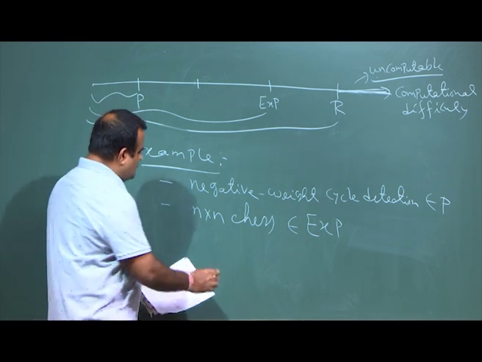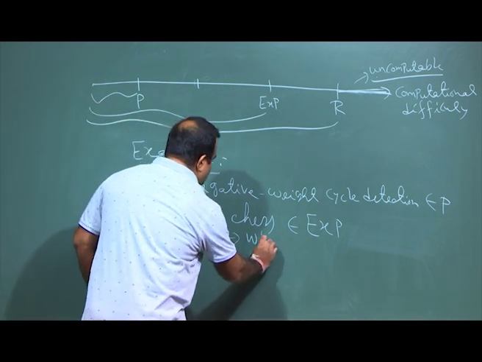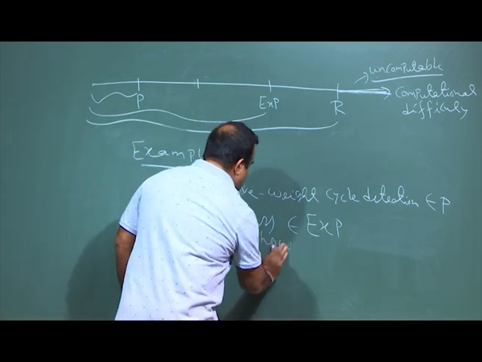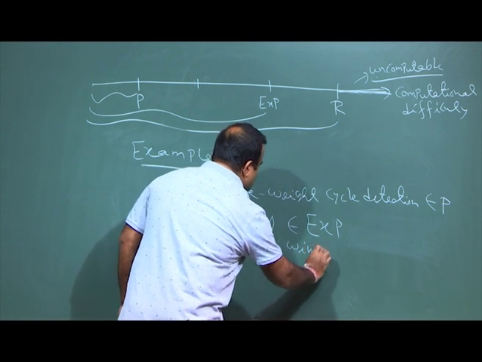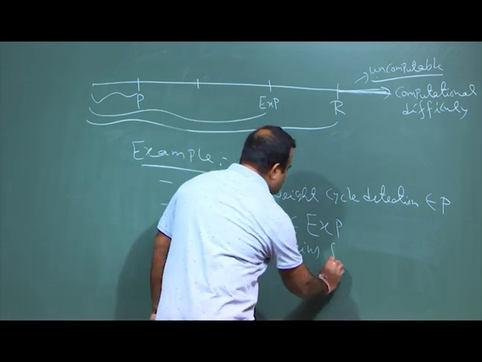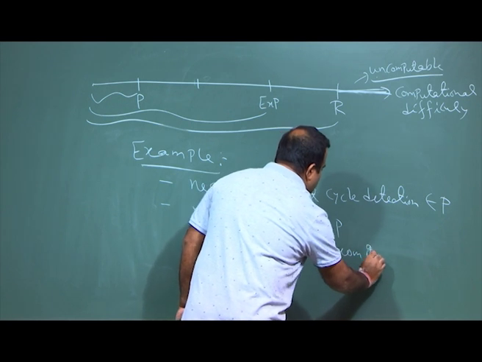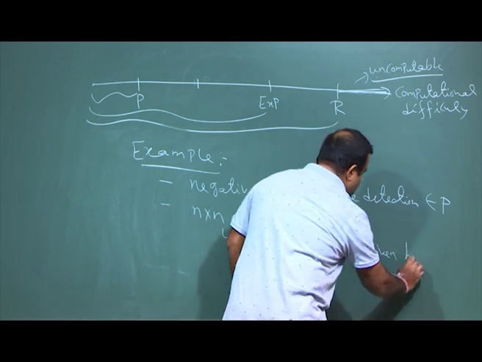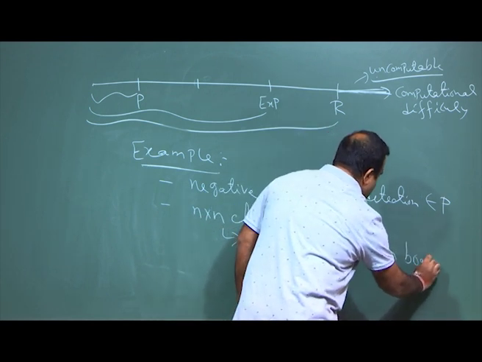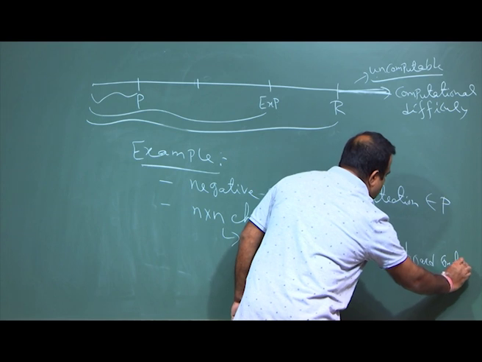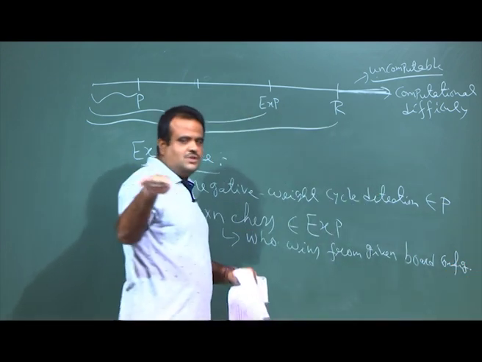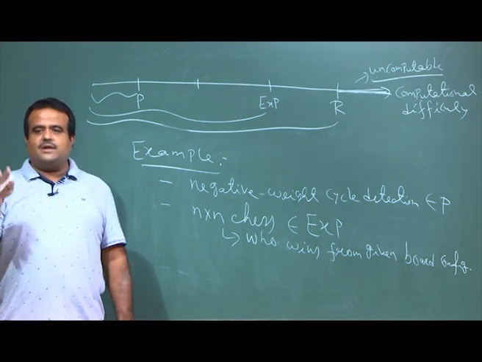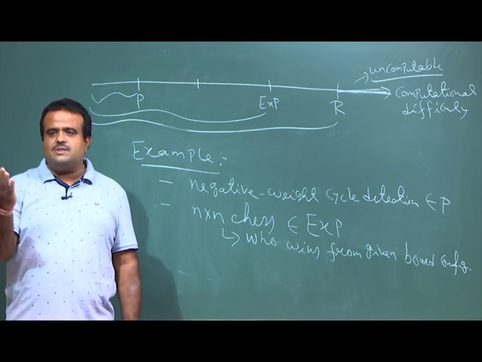So, the problem is: given a chessboard configuration, who wins, white or black? We are given a position of the board, and we want to decide whether white wins or not.